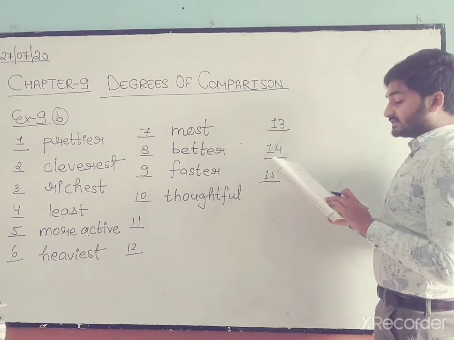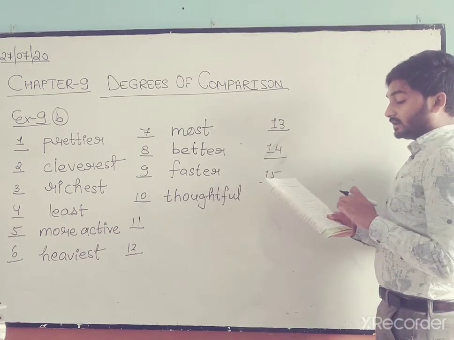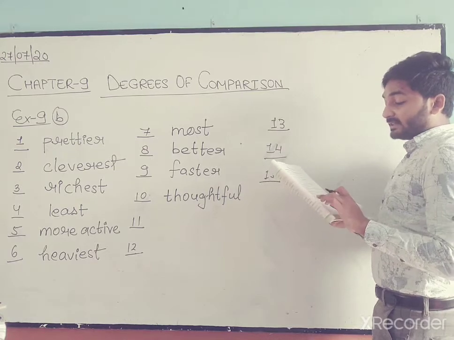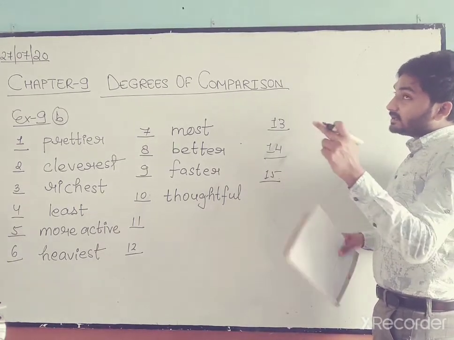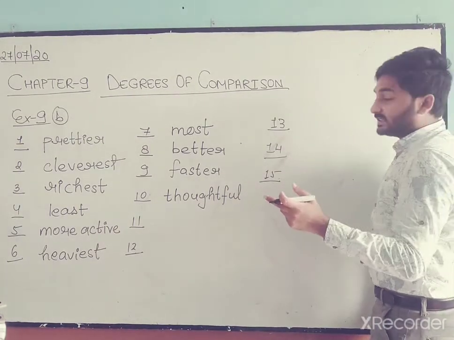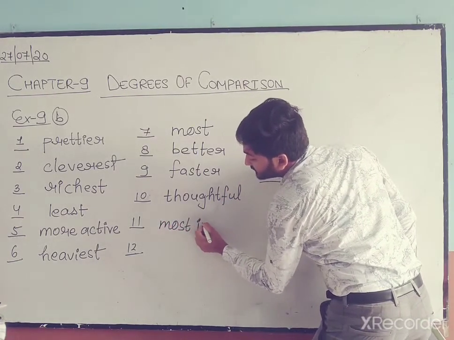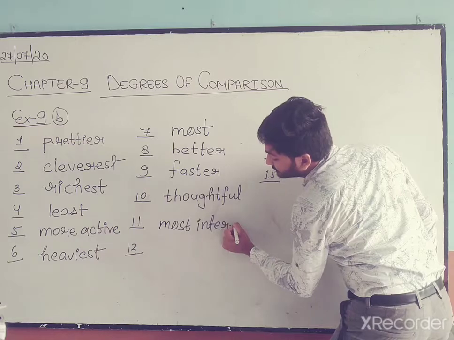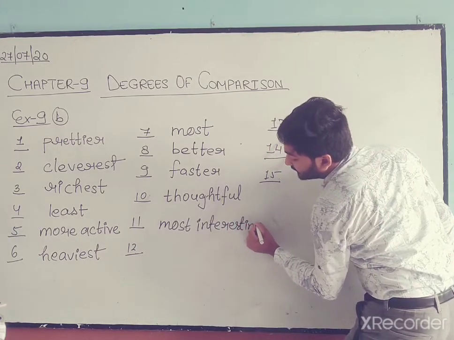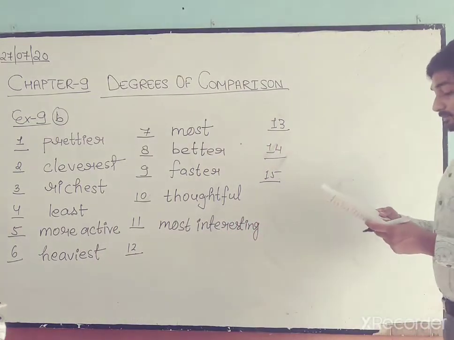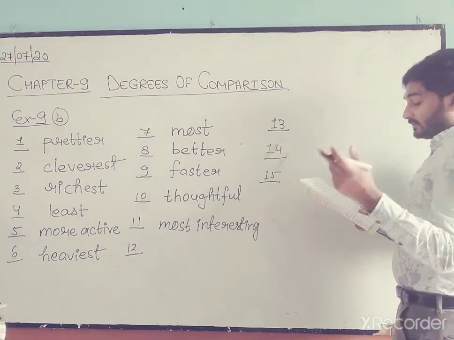Before the blank there is the, and we are comparing with everything heard so far, so the superlative form of interesting: most interesting. Most interesting story I have ever heard.